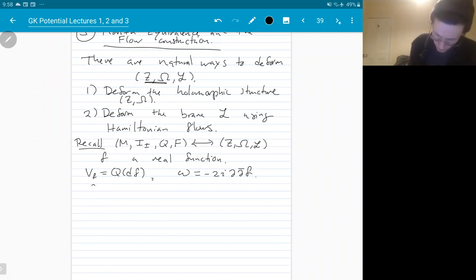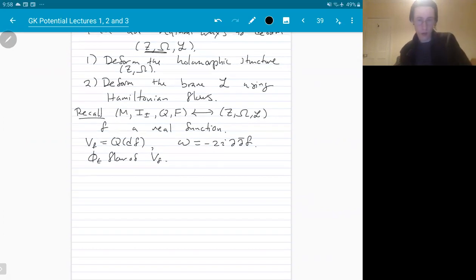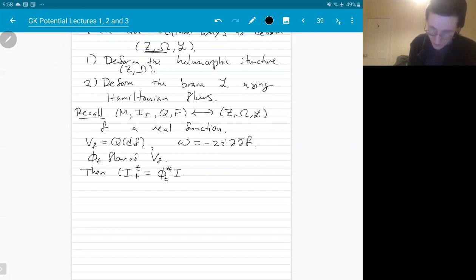We flow the vector field. Then we can deform our generalized Kähler structure. We deform I plus by just flowing it using the vector field. I minus stays fixed, Q stays fixed, and F gets deformed as well, like this.